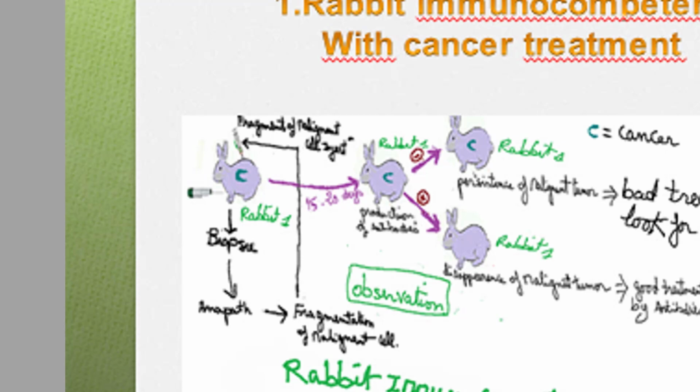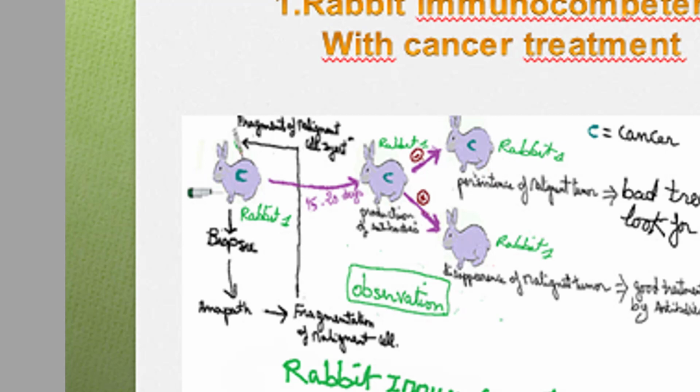After 15-20 days, we examine our rabbit 1. If we find the malignant tumor, it is not a good treatment, it is a bad treatment, and our conclusion is persistence of the malignant tumor.